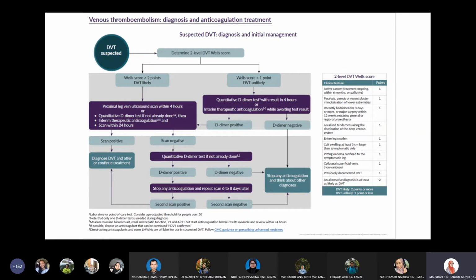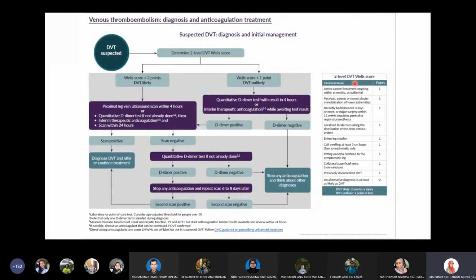When the patient comes with a painful or swollen limb, usually it is unilateral. There can be calf swelling or tenderness and sometimes pitting edema. So when they suspect, they will use a scoring system, what we call the Wells score.